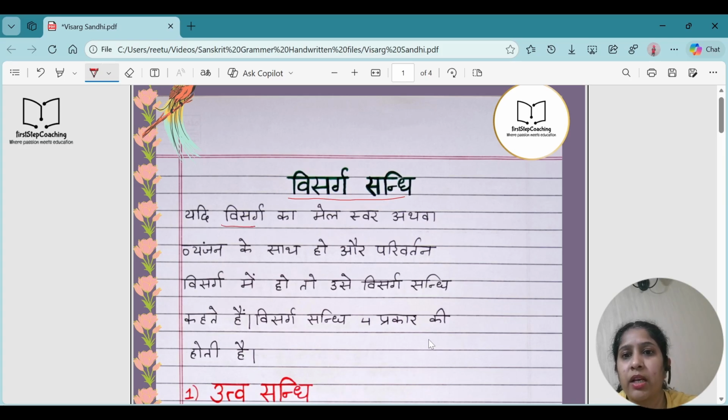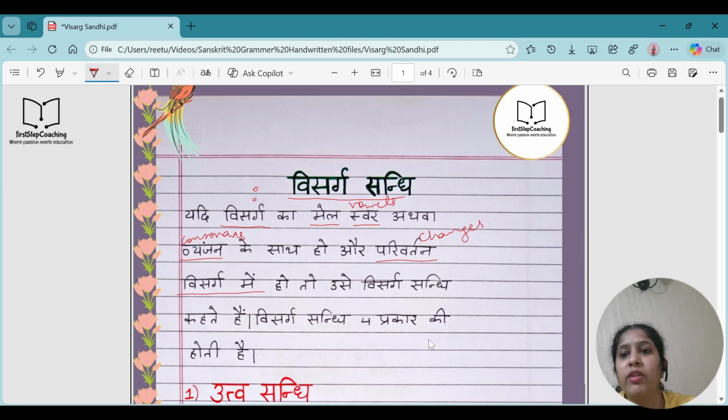Whenever the visarg comes, you know what visarg is, right? The two dots put after the words, which is spoken as "aha". Mel means joining. So when the visarg is getting joined with any swar or any vyanjan, swar means the vowels and vyanjan means the consonants, and parivartan means the change, and the change comes where?